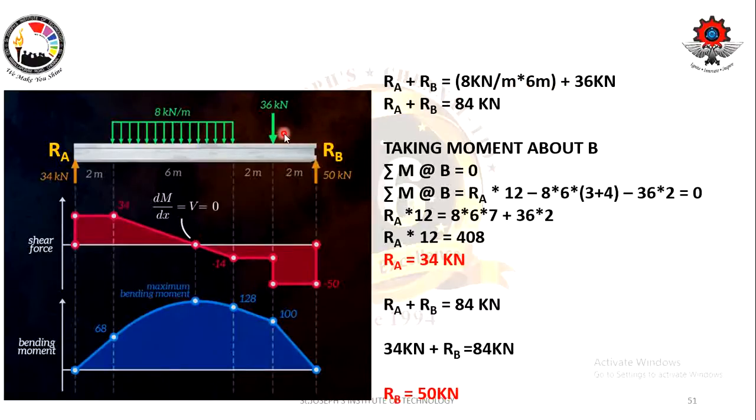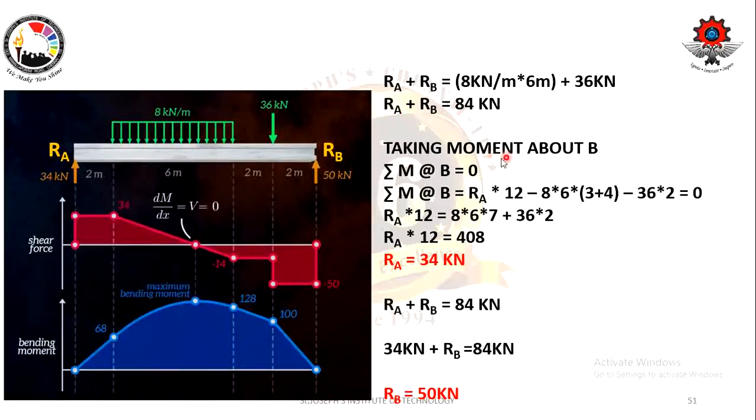Plus this point load of 36. So 8 into 6 is 48, 48 plus 36 is 84. So RA plus RB is equal to 84 kilonewton. So we got an equation.